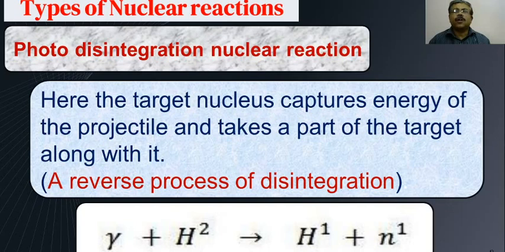The deuteron will lose a nucleon, and as a consequence, a neutron will emerge. So like this, the photon which is incident in the form of a projectile will take some part of the target nucleus, which is a reverse process of disintegration. We call this the photodisintegration nuclear reaction.